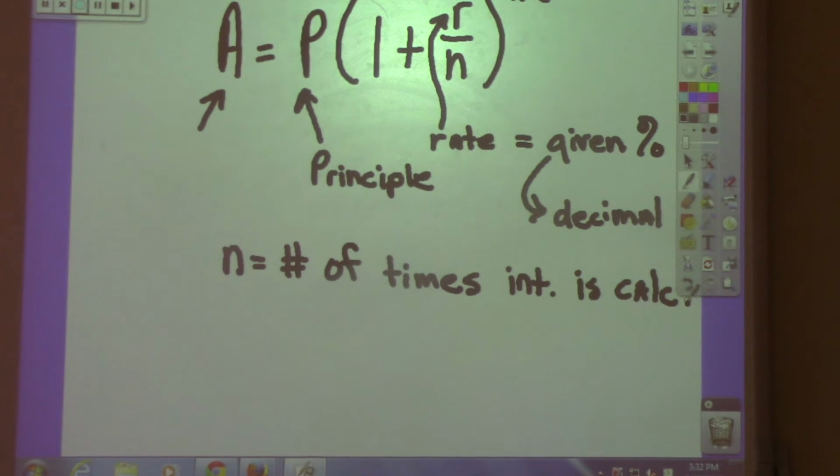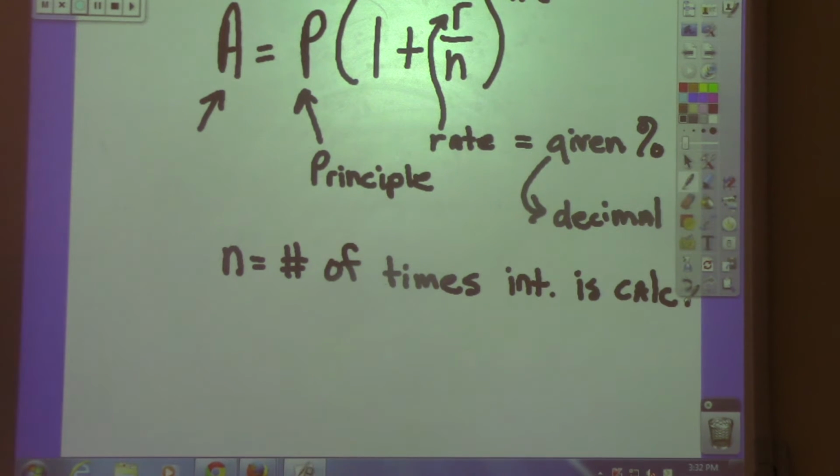That's monthly. The computer at the bank goes through every account, finds the balance, calculates the interest, and throws the number back in there. Next month, same day, same time, it does it again. So if it's done monthly, N is equal to 12.